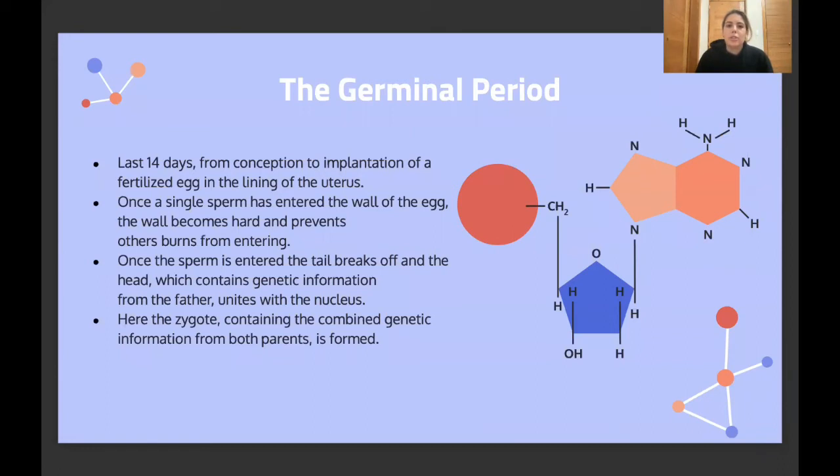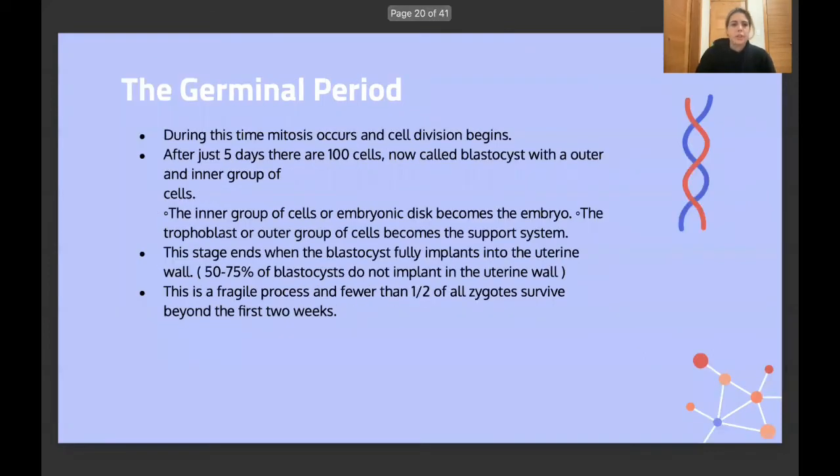Unites with the nucleus. Here, the zygote containing the combined genetic information from both parents is formed. The nucleus contains the genetic information from the mother. During this time, mitosis occurs and cell division begins.